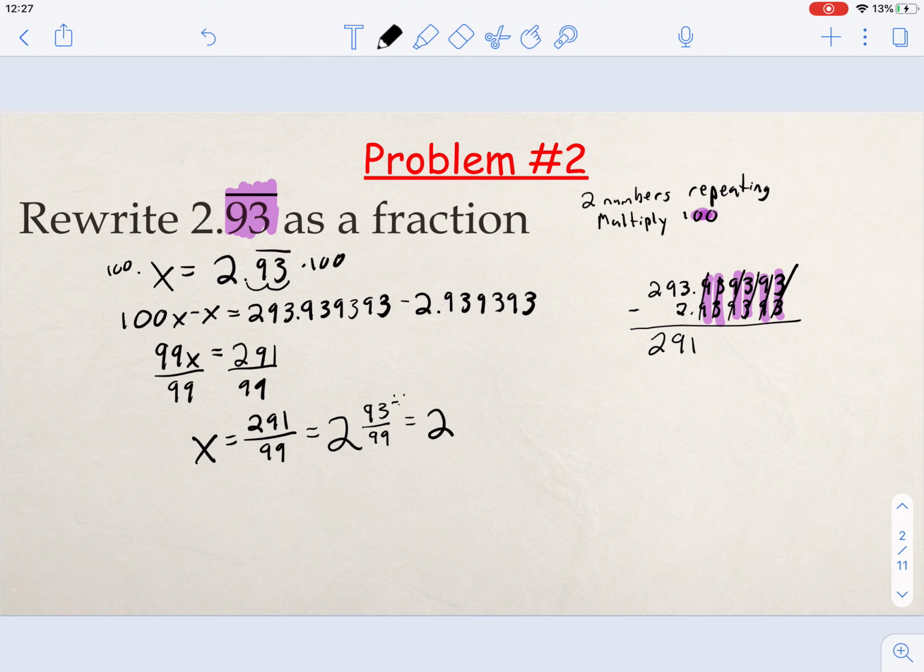I see that I can divide each of these by 3. 93 divided by 3 is 31. 99 divided by 3 is equal to 33. So I have 2 and 31 over 33. That would be 2.93 repeating.